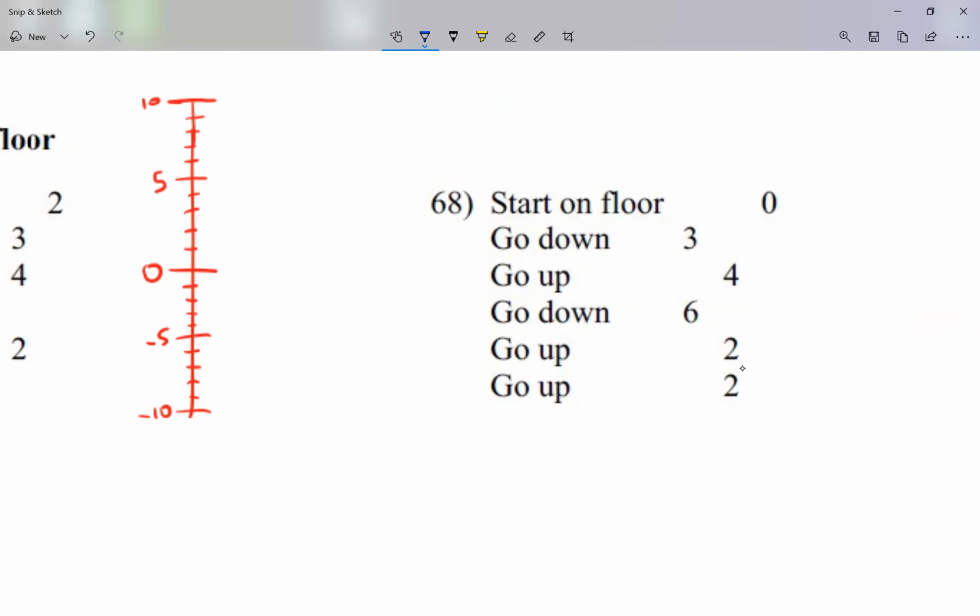And then I'm going to go down 6: 1, 2, 3, 4, 5, 6. I'm at -5 now. Then I'm going to go up 2. I'm here at -3. Then I'm going to go up 2. And I finish at -1.